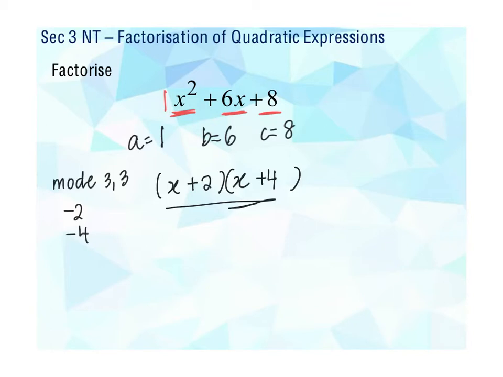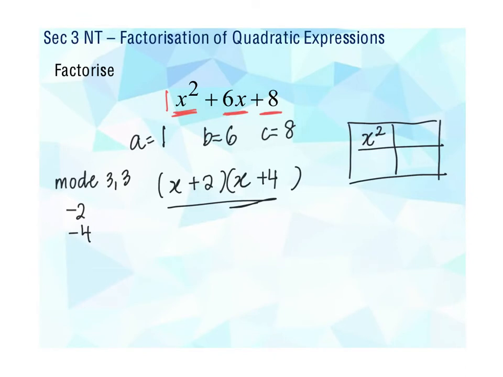Now we will have to consider the following table of terms. We are going to start off with the x squared term. X squared term is always here, and we need to consider what times what gives me x squared. We know that x times x will give me x squared.